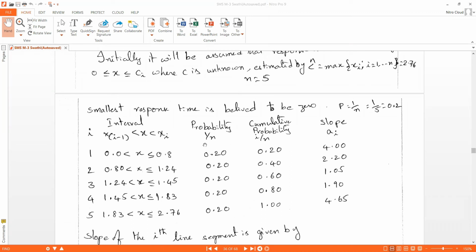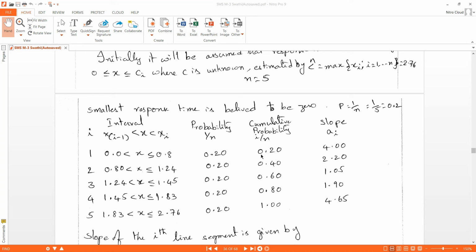Now, if you know the probability, we know how to find the cumulative probability. The first cumulative probability will be the same as the probability, that is 0.20. For the next one, we take the previous cumulative probability plus the present one's probability, and we get the cumulative probability for the present interval.